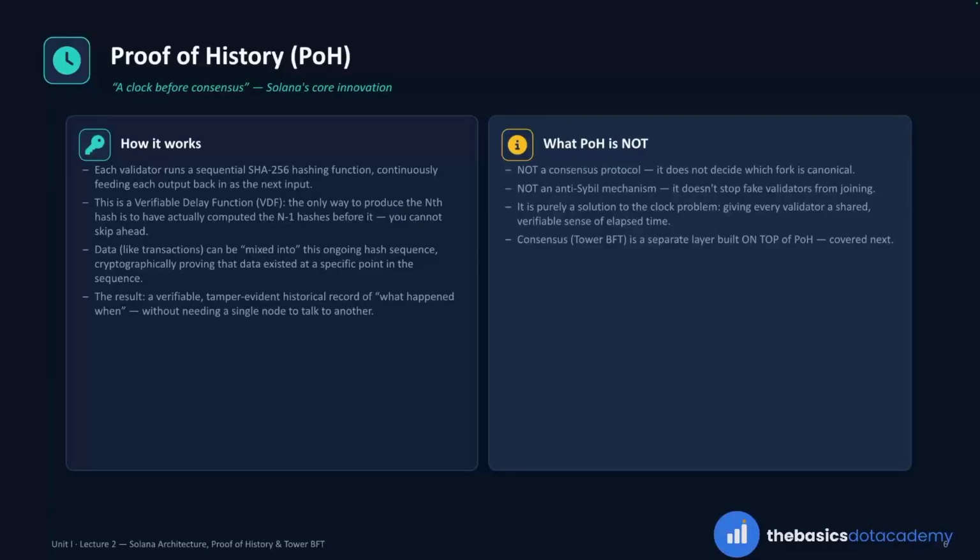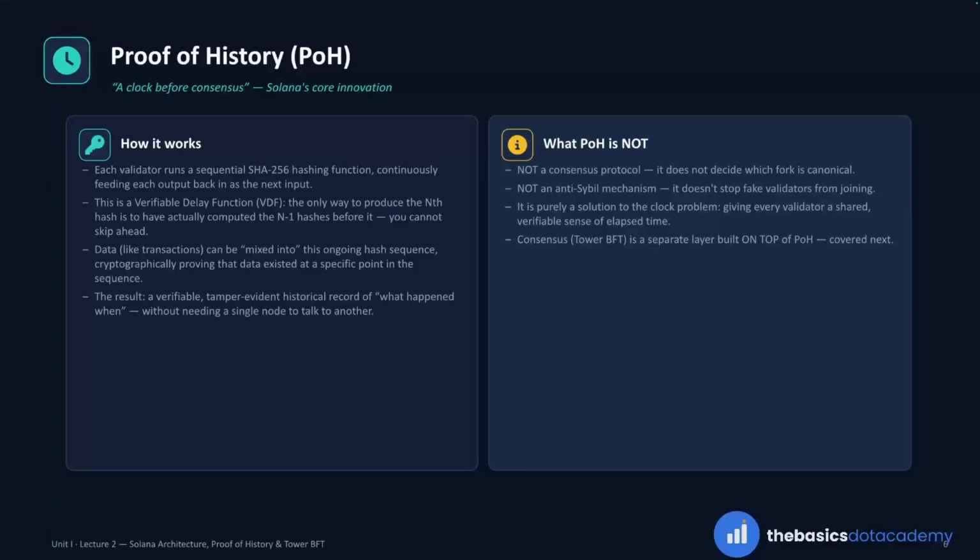So what is proof of history? It is a clock before consensus, Solana's core innovation. How exactly does it work? Each validator runs a sequential SHA-256 hashing function in which each output is given back as the next input.